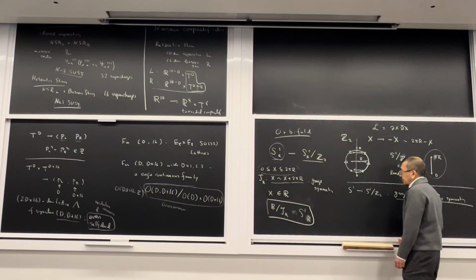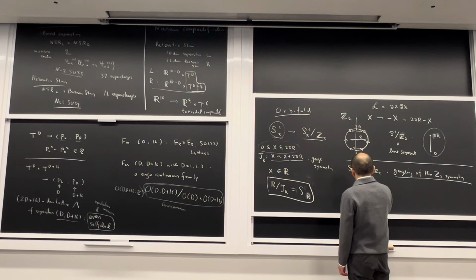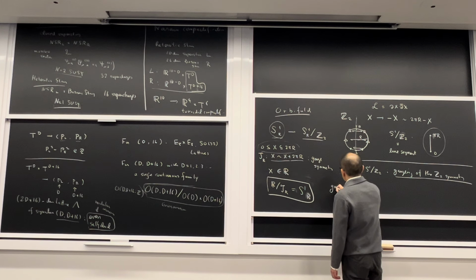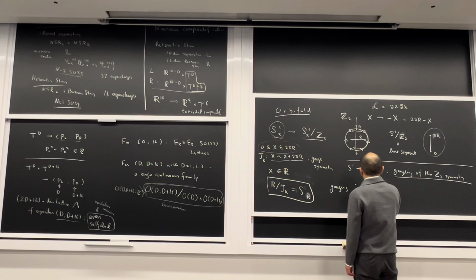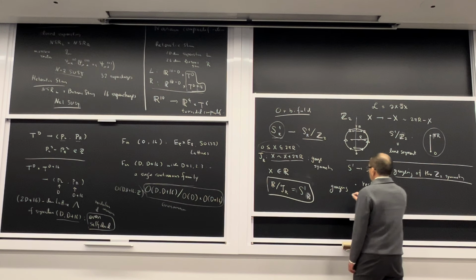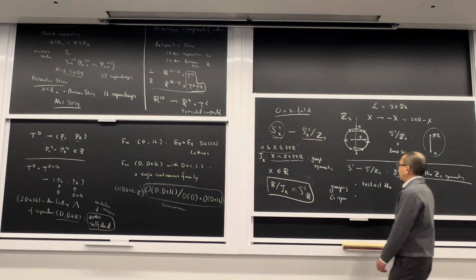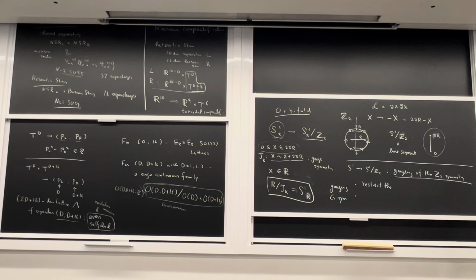Gauging means two procedures. In a modern way of talking about gauge symmetry, gauging G symmetry means the following. Suppose the original theory has a global G symmetry, where G is some group.